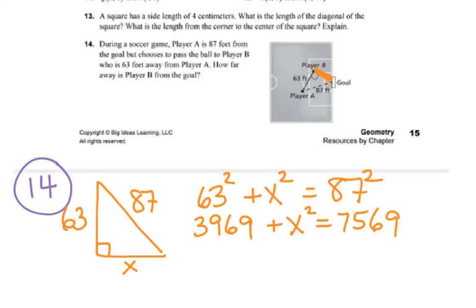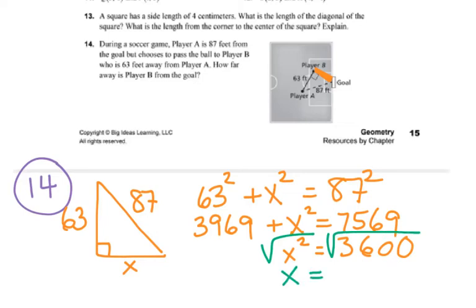Now we're going to subtract 3969 from 7569, and we get 3600. Then we are going to square root both sides to get rid of our square, and we get x equals 60.